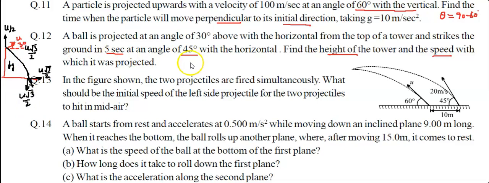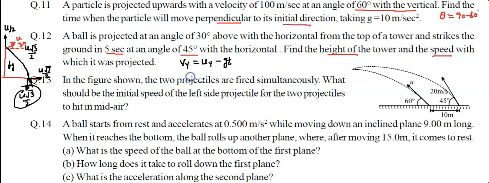So the equation is Vy is equal to initial velocity, that means Uy, minus gt, or plus at basically. So I'm writing it as minus gt. Here this also comes with a minus sign because the final is in the negative direction.